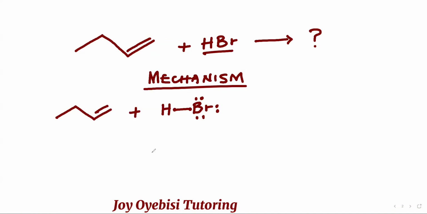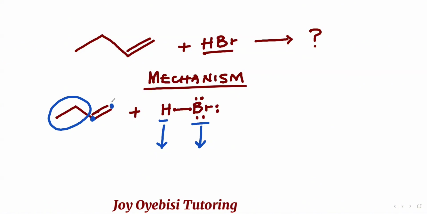Now the next step is which part of this double bond is going to react first. These two reagents, this is the small one, this is the bulky one. Now, according to Markovnikov's rule, the bulky one, the bromine, has to go to the more substituted carbon, while the hydrogen goes to the less substituted carbon. So this carbon here is more substituted because you have more things attached to it, whereas this other carbon has fewer things attached to it.